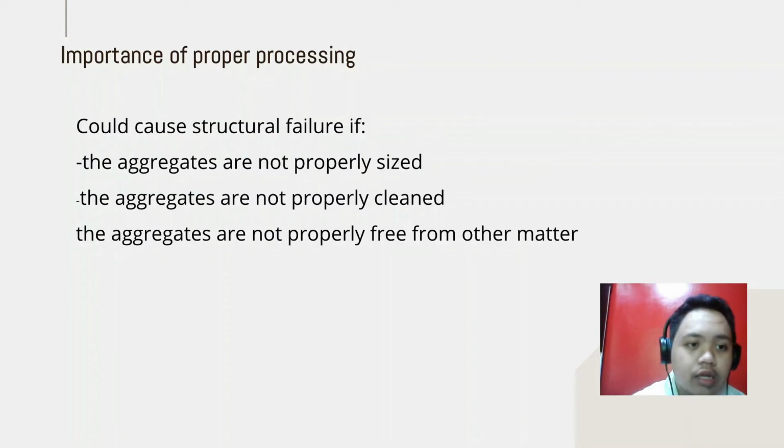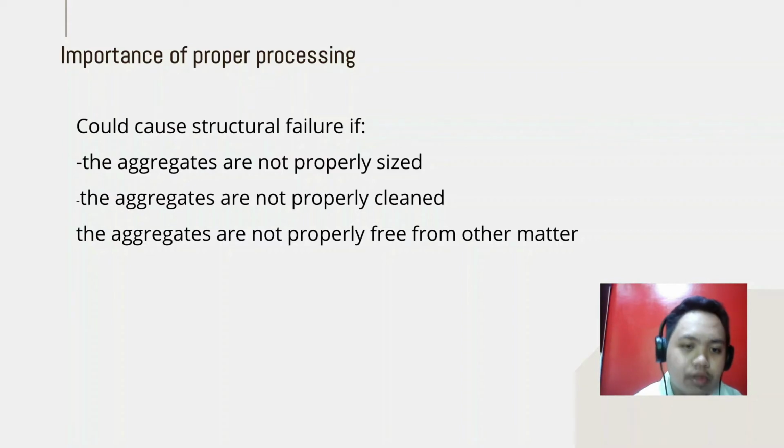If not, it could cause structural failure kung hindi tama yung pag-process natin ng ating aggregates. If they are not properly sized, not properly cleaned, and not properly free from other matter, it can lead to structural failure.